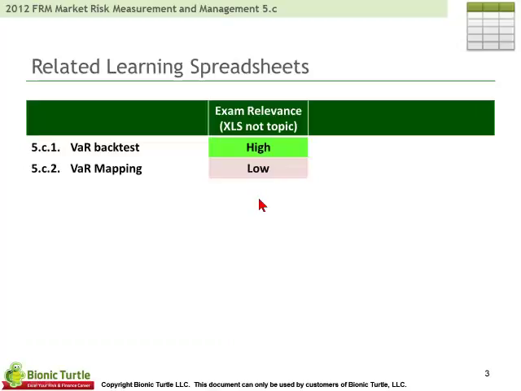But if your agenda is the exam, I would frankly give the VAR mapping the superficial treatment that it deserves. And so, as usual, learning spreadsheets associated with this, 5C1 and 5C2, VAR backtest and VAR mapping, and they are really where I've replicated examples in Jorion's chapters.